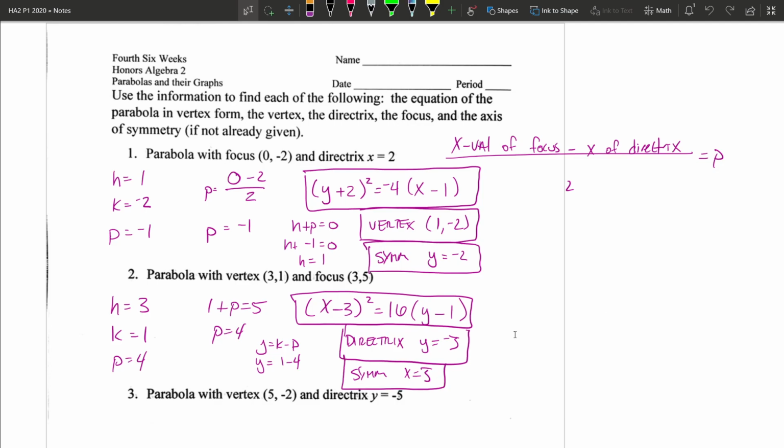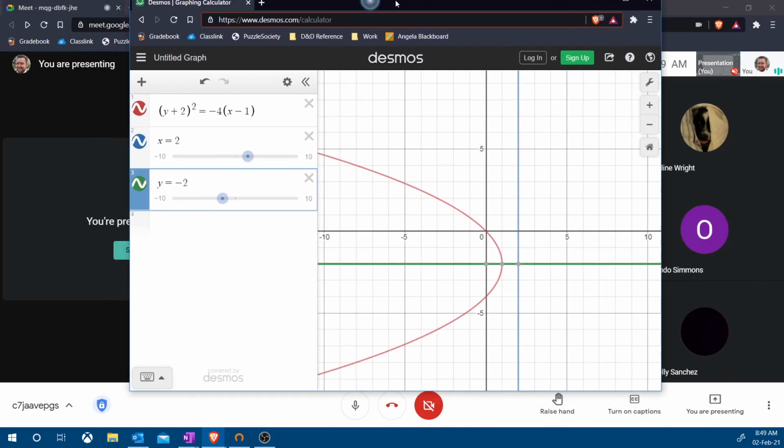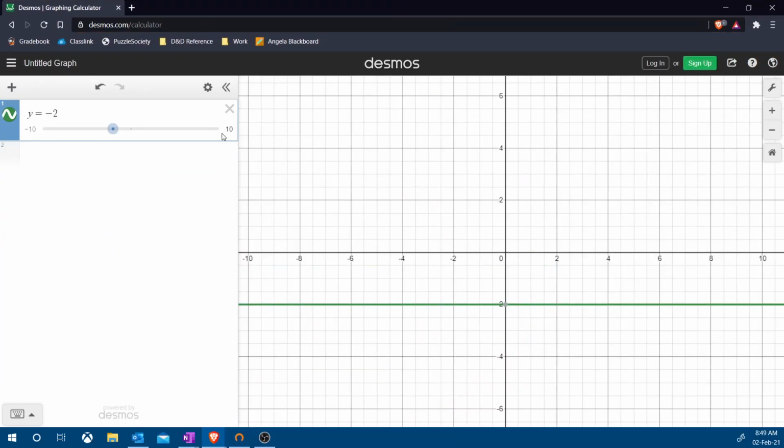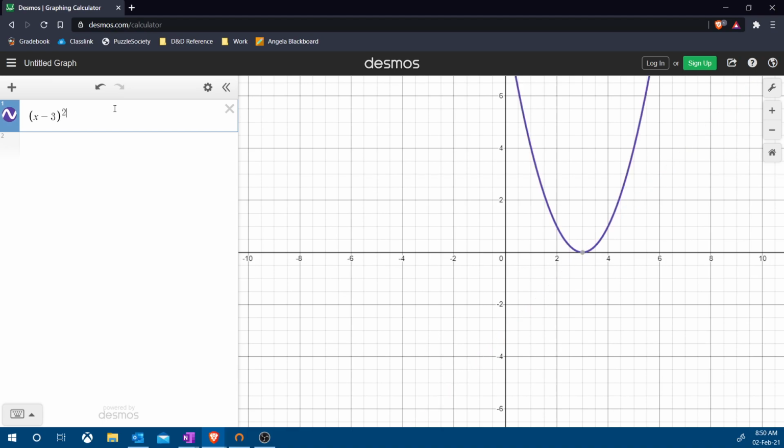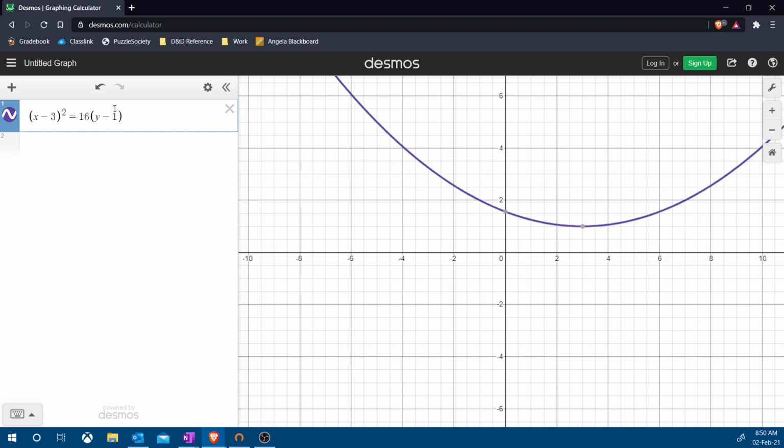And let's go ahead and double check our work. Pop that in Desmos. All right. We are postulating (x minus 3) squared equals 16 times (y minus 1).